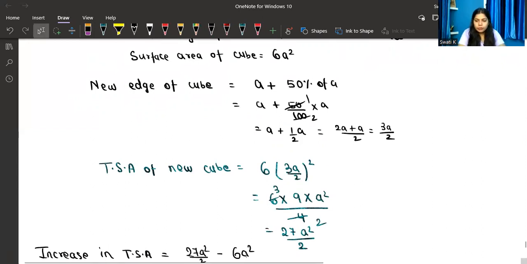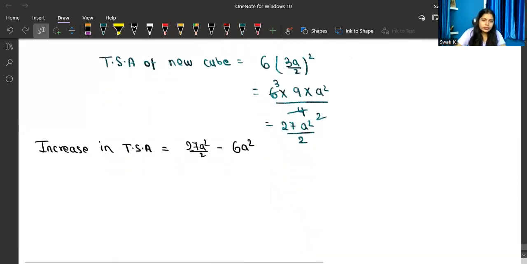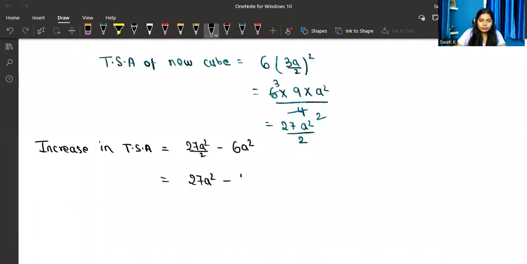We can subtract this after taking LCM. What we will get is 27A square minus 12A square upon 2. Now this will simply become 15A square over 2.